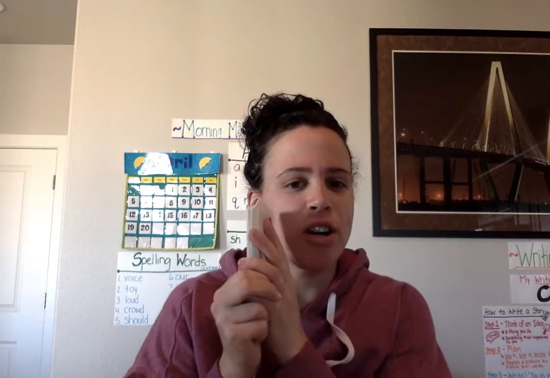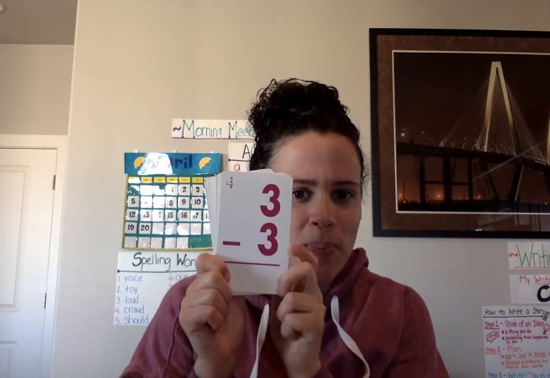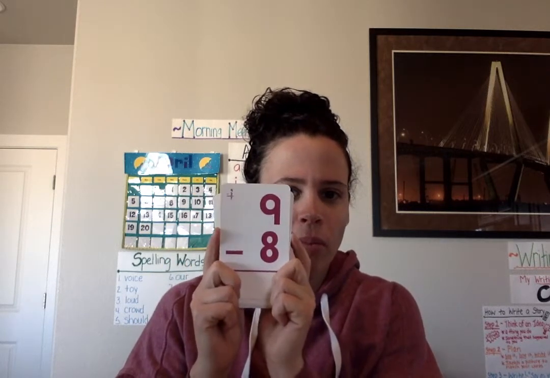Here we are. I'm going to start with you. Try to trick you right off the bat. You had 3 cookies. You ate 3 cookies. How many are left? 0. 3. 1.